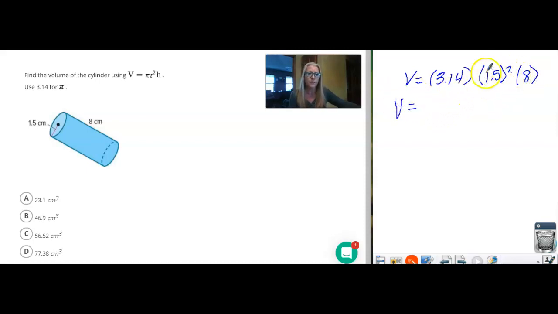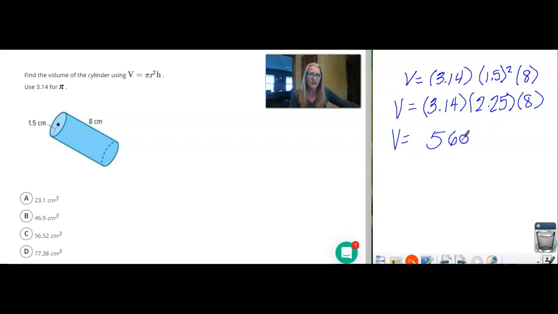Order of operations wise, do the 1.5 squared first. So it's 3.14 times 1.5 squared, which is 2.25, times 8. When you plug all that in your calculator, it's all just multiplication. It's that number times that number times that number. We arrive at 56.52. I see that on the list. I feel pretty good about that answer.